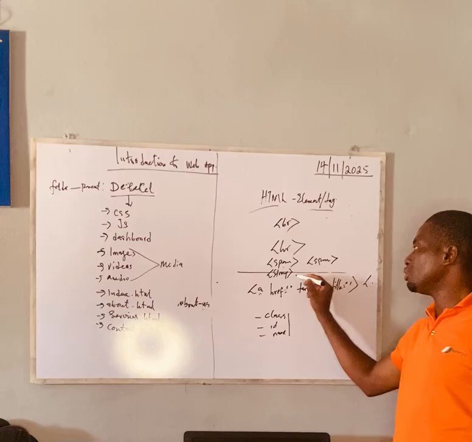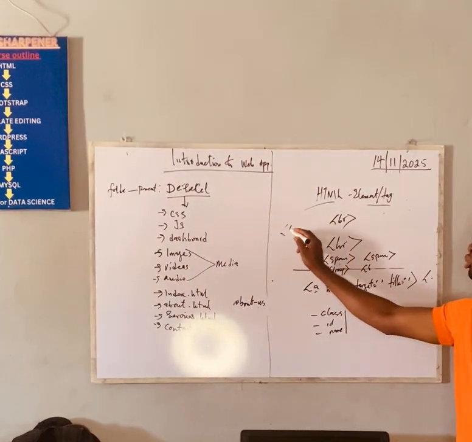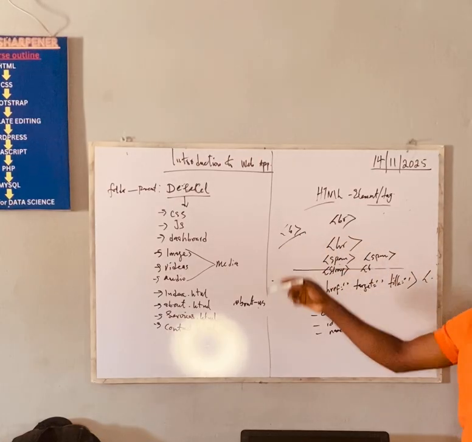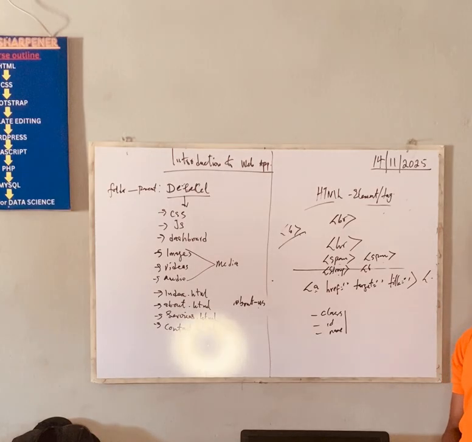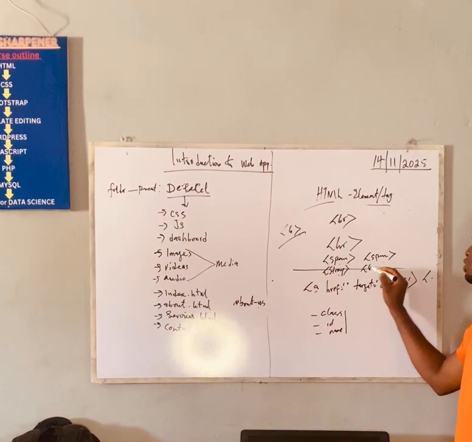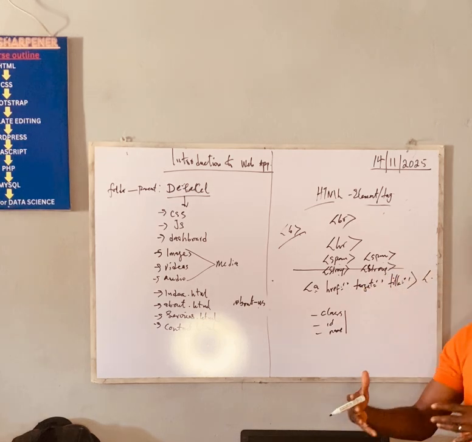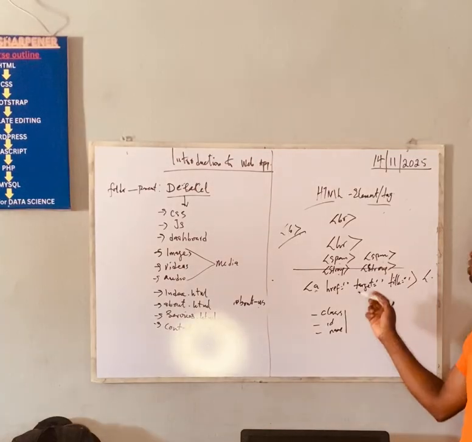We have strong, right? Before HTML5, we used to say bold. But when HTML5 came, bold was deprecated and you now have strong. Are we together? Good. Strong makes emphasis, right? You give something a bold shape. Then what next?